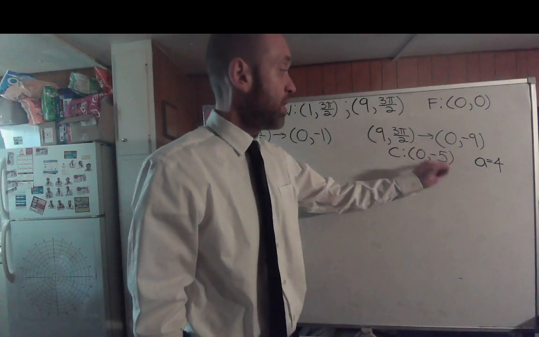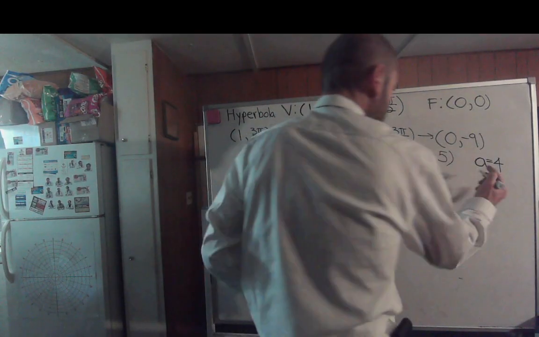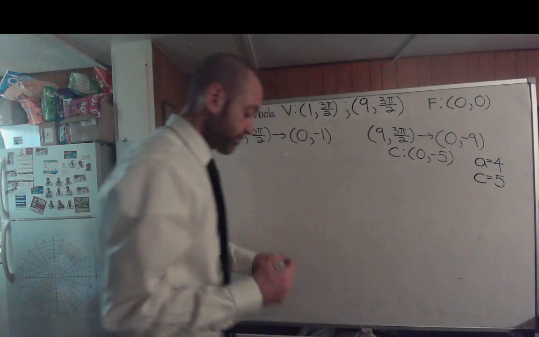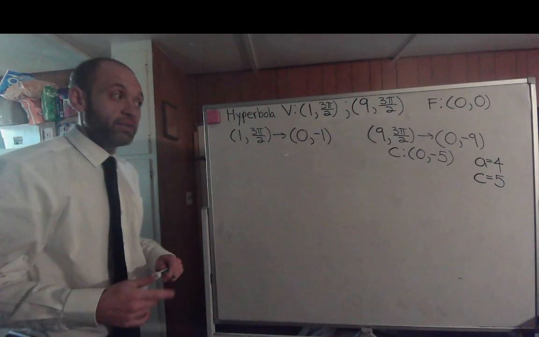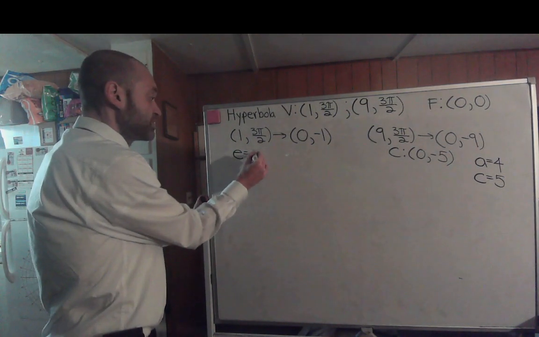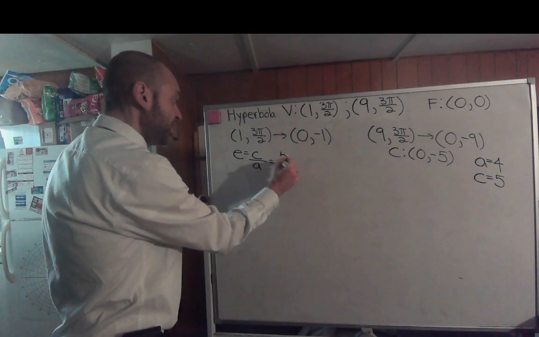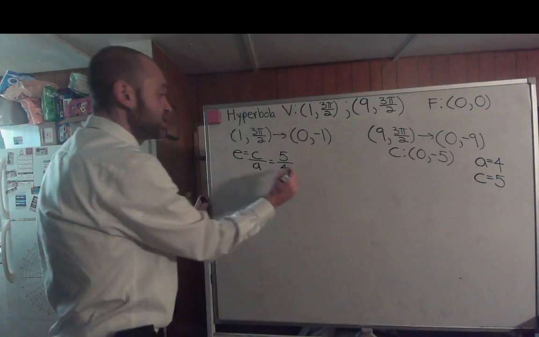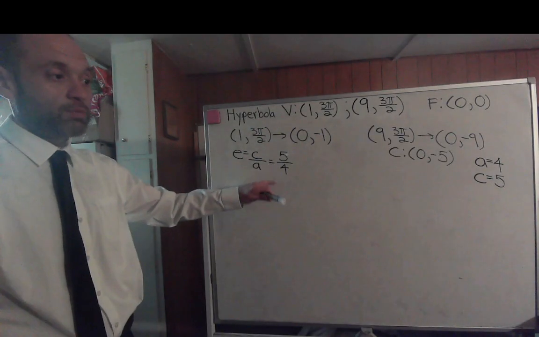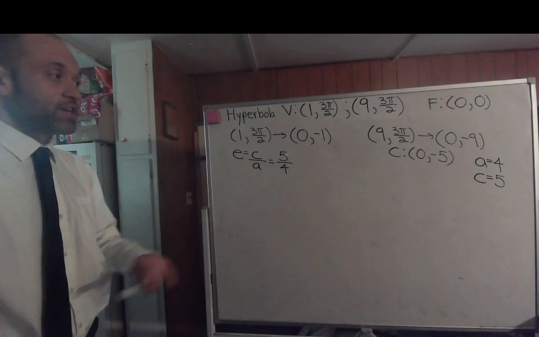If we go from a y-coordinate of -5 to a y-coordinate of 0, that's a distance of 5, so c equals 5. We actually have enough to find the eccentricity now. e always equals c over a. Well, c is 5, a is 4, so we have an eccentricity of 5/4, which coincides with it being a hyperbola with an eccentricity greater than 1. So we know we're on the right track.